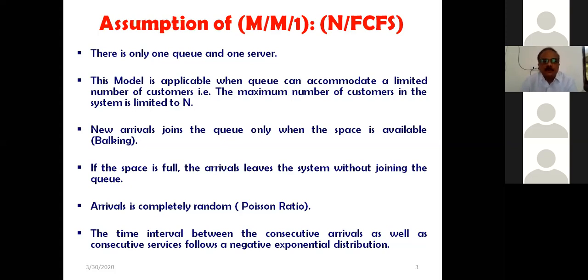It is the term which indicates that the new arrivals are not allowed to come into the system, or in other words, new arrivals do not join the system simply because the capacity of the system is restricted or the capacity of the system is full. So restrictions are normally done on that particular system where it has got some constraint.